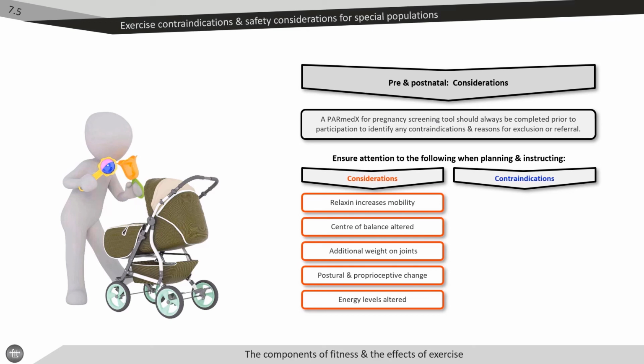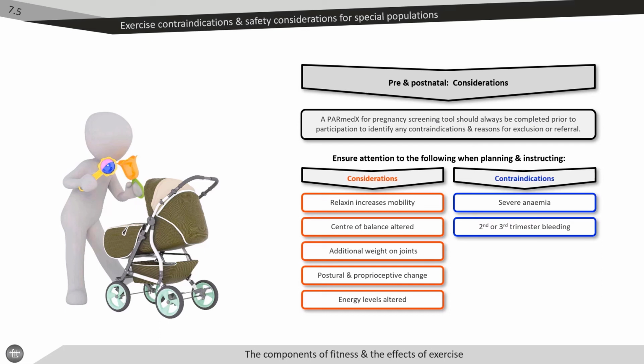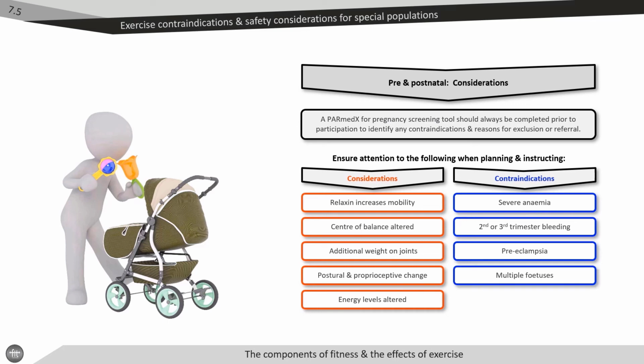Specific contraindications to exercise for pre- or postnatal women include any severe anemia, second or third trimester bleeding, pre-eclampsia, which is pregnancy-induced hypertension, also multiple fetuses, and any cardiac dysfunction such as cardiac dysrhythmia, or any current unstable pre-existing condition, or multiple associated risk factors such as smoking and being obese will result in the individual being signposted to their GP or midwife.